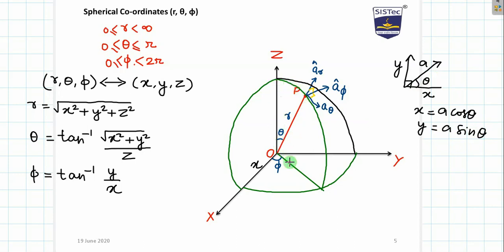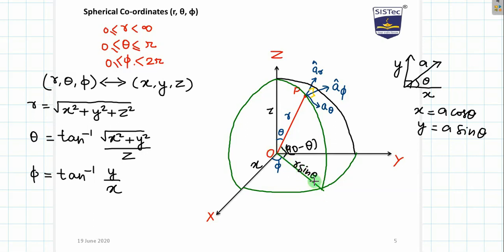So on the z axis, your z will be r cos theta. This angle is 90 minus theta, so this vector will be r sin theta.